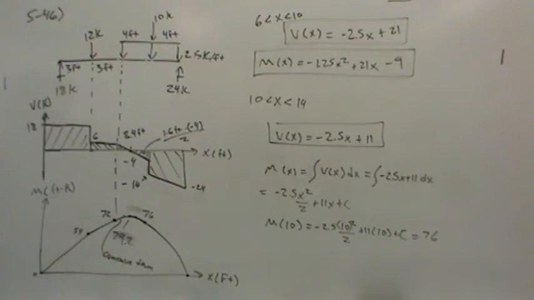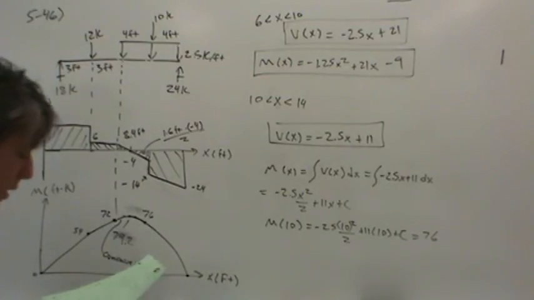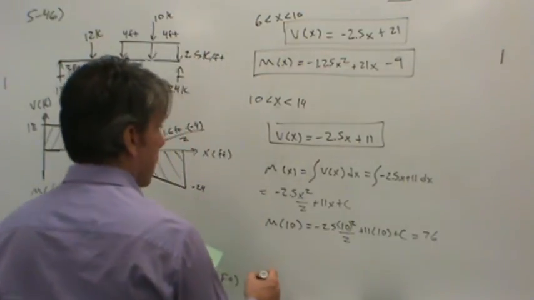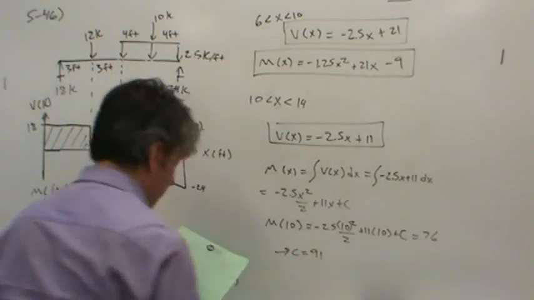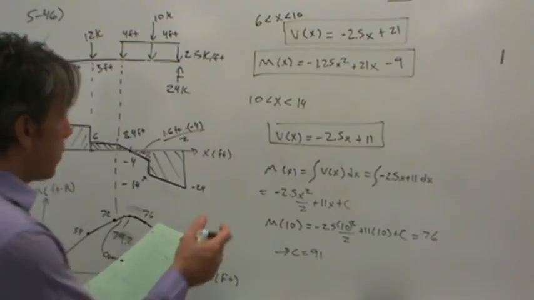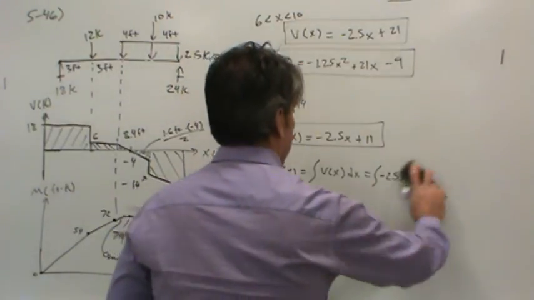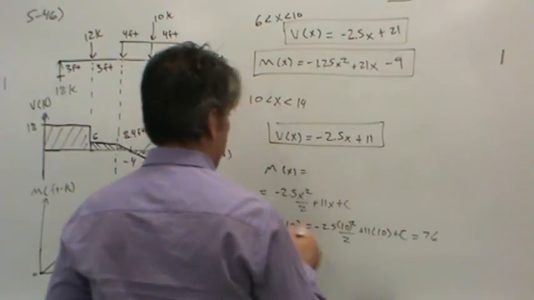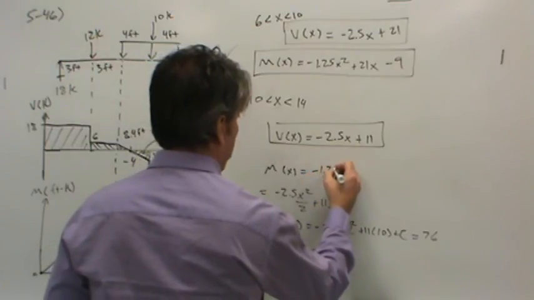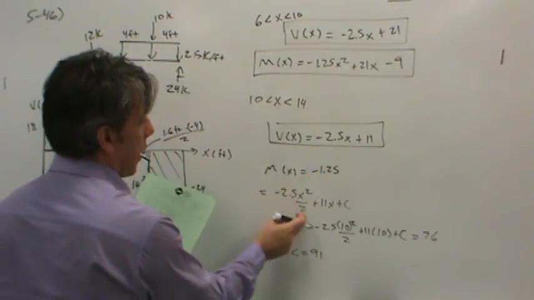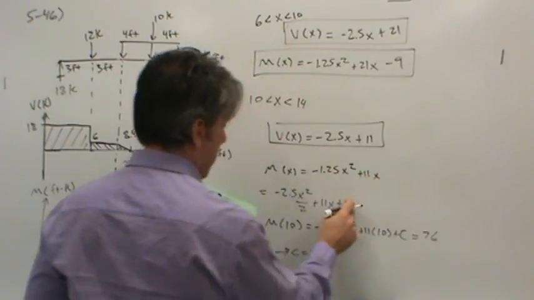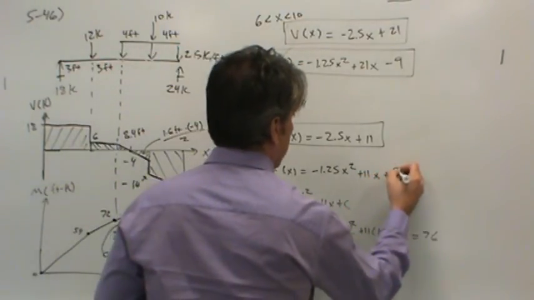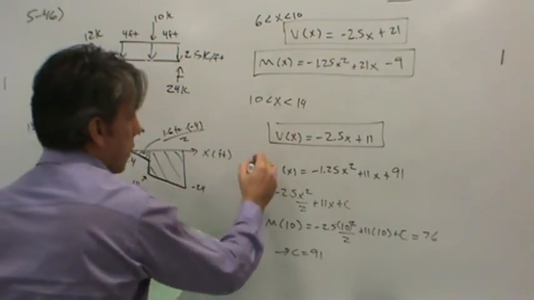If we solve for that constant c, you'll find that it comes out to 91. So now let's plug that in. Negative 1.25, again simplifying the 2.5 and the 2, x squared plus 11x plus 91 gives us our moment equation.